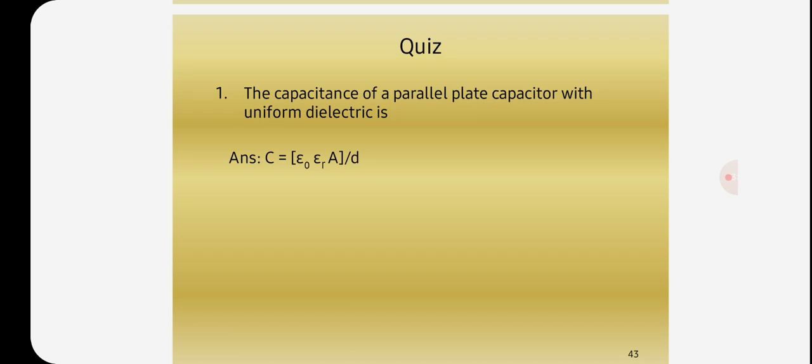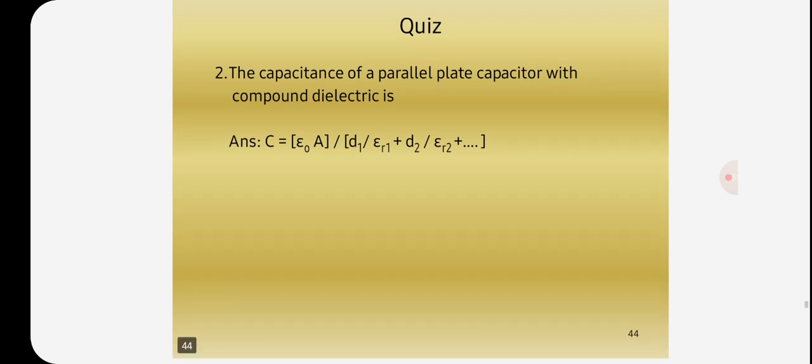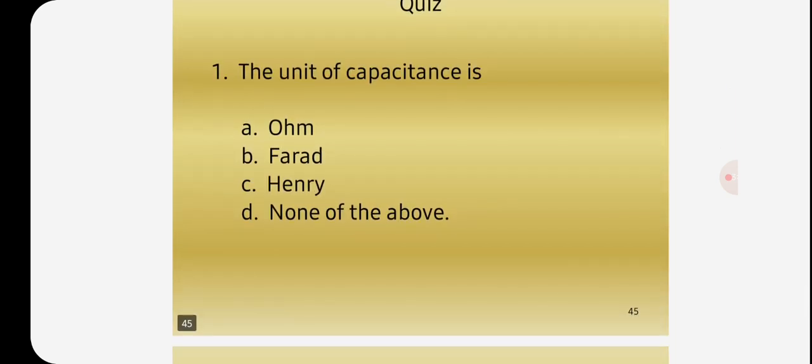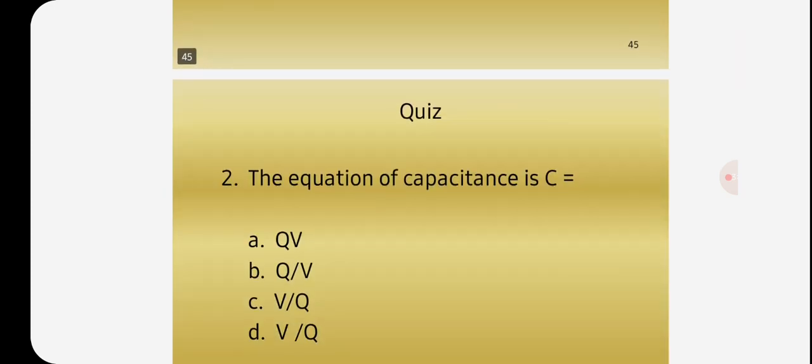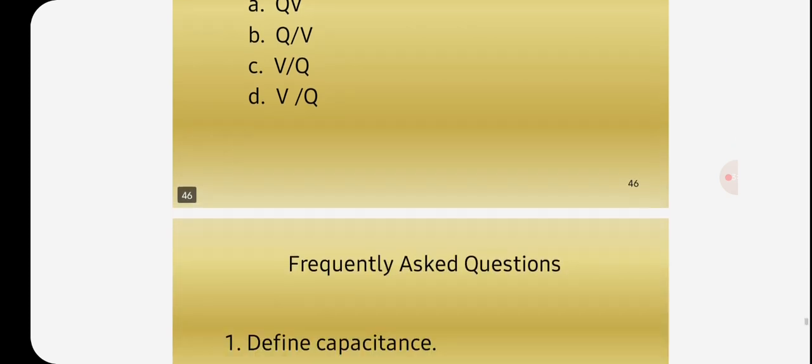The capacitance of a parallel plate capacitor with the compound dielectric is C is equal to epsilon naught A by d1 by epsilon r1 plus d2 by epsilon r2 plus so on. The unit of capacitance is farad. The equation of capacitance is C is equal to Q by V.